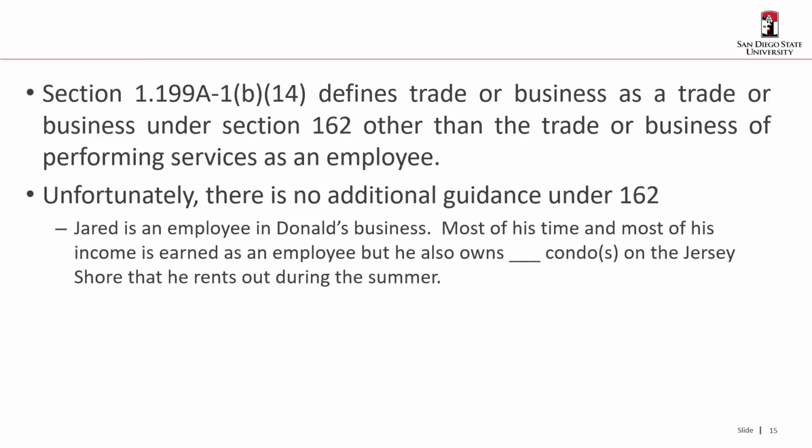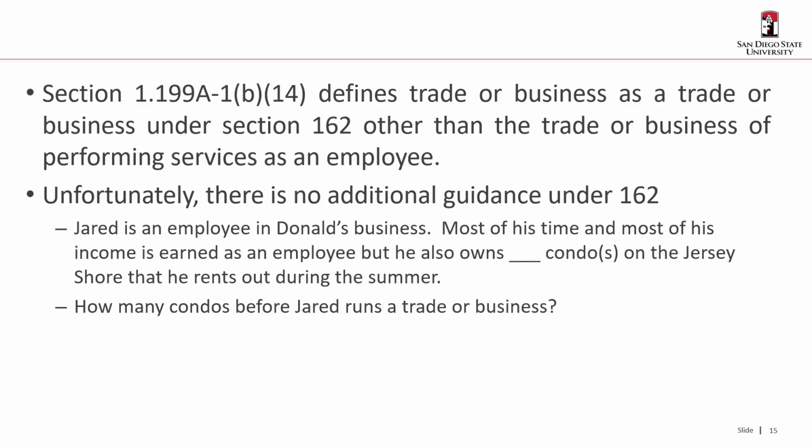So let's go back to our example of Jared, right? Jared was an employee in Donald's business, and most of his income was earned as an employee of Donald's business. But again, he also owns some number of condos on the Jersey Shore that he rents out during the summer. And the reason I left it blank as opposed to saying one is that how many condos would it take before Jared runs a trade or business, right?